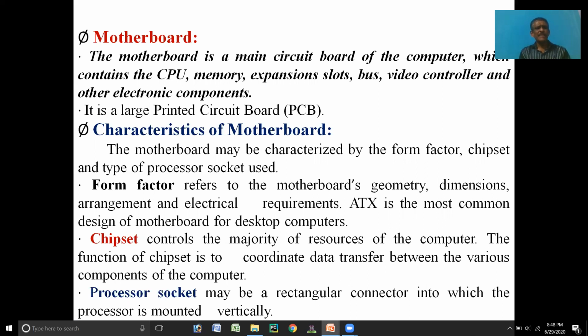It means the chipset performs two operations. One, it controls the majority of the resources available on the computer. And second, it coordinates the data transfer between the various components of the computer. While purchasing a motherboard, we should always go with the recent technology chipset so that in future the updation is easy.